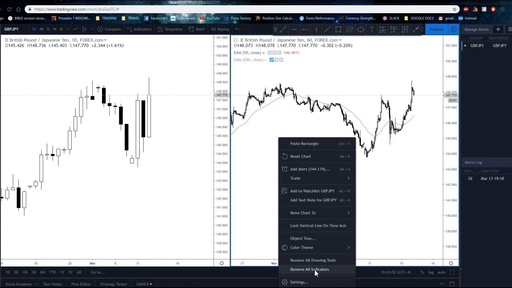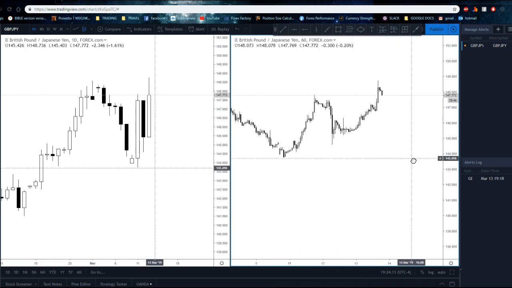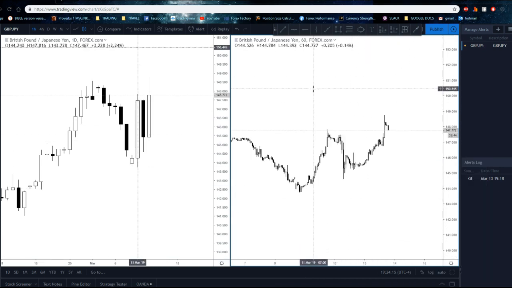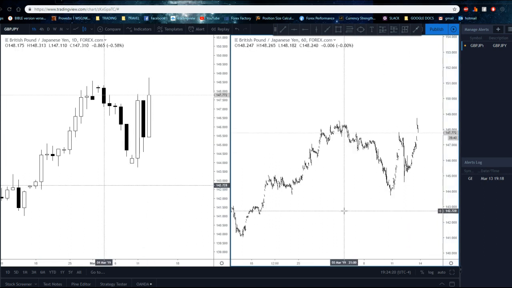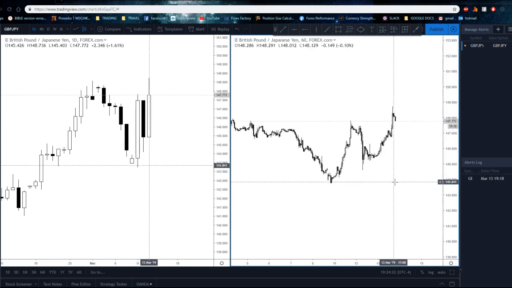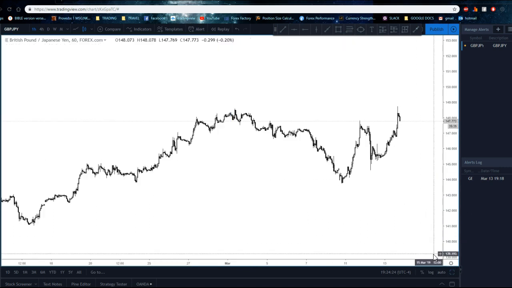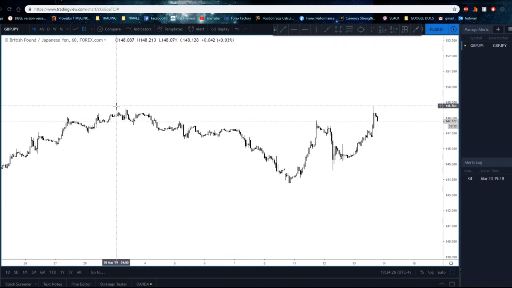I may use an EMA for a potential dynamic take profit, because they do act as dynamic support and resistance at times. So if we just look at this chart here, we'll zoom in on the hourly chart.